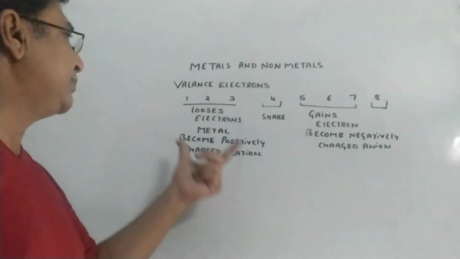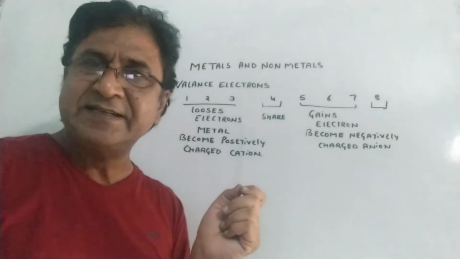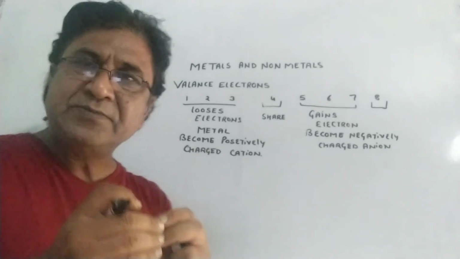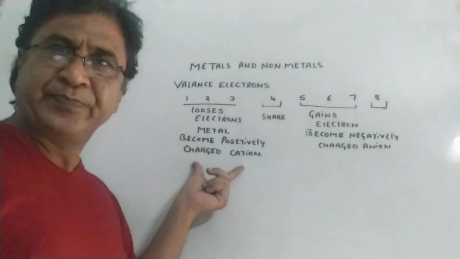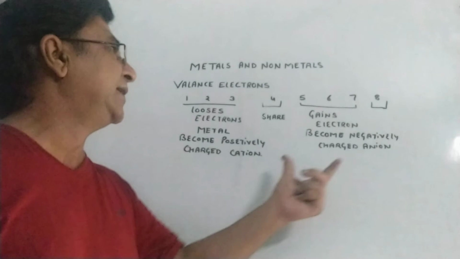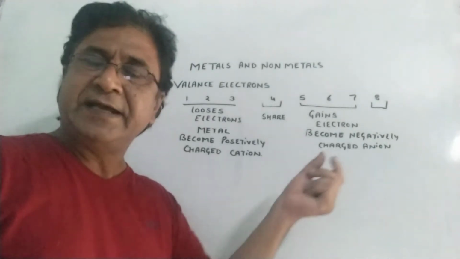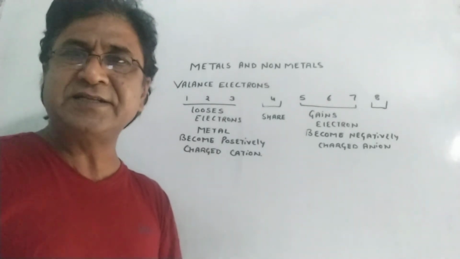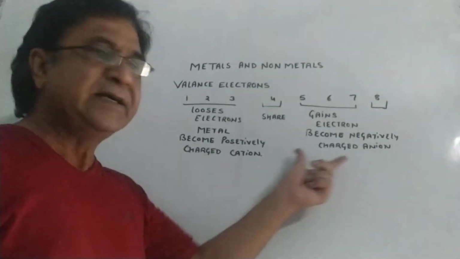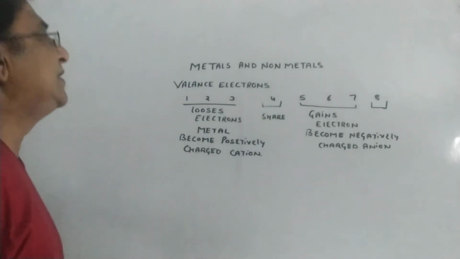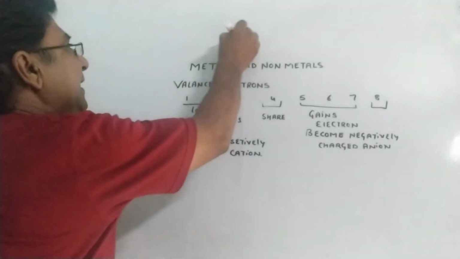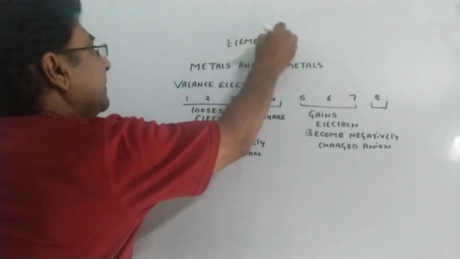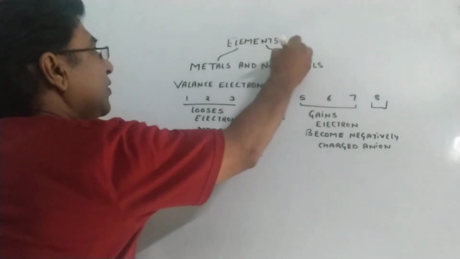So what are metals? Metals are basically elements. Their atoms lose electron and become positively charged cation. And non-metals are the elements and their atoms gain the electron and become negatively charged anion. This is the difference in the property which is segregating the elements into metals and non-metals.